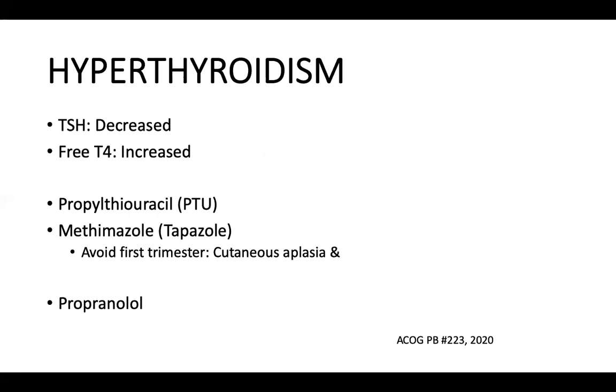The other issue is that the FDA gave a black box warning for propylthiouracil. It was probably 3 or 4 years ago, saying this medicine should not be used because there have been 13 cases of fatal hepatitis.